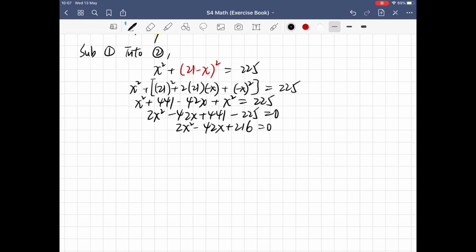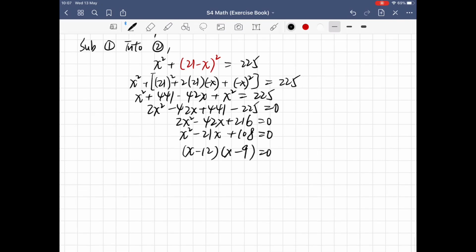Afterwards, we can divide both sides by 2. Then we have the quadratic equation x squared minus 21x plus 108 equal to 0. And we can factorize it and solve it, and we have (x minus 12)(x minus 9) equal to 0.